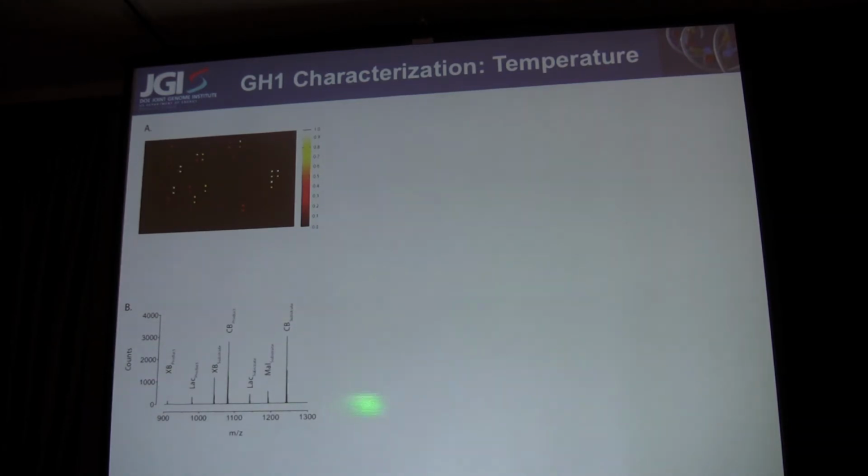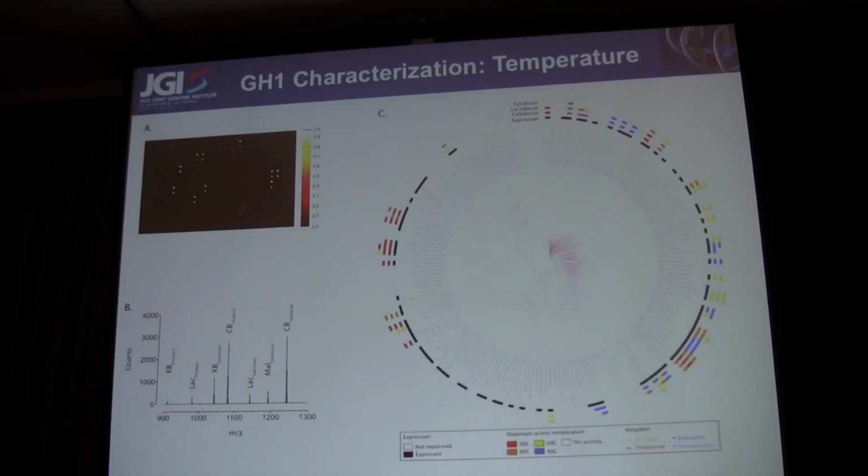Here, for example, you see the substrate and the cellobiose product, indicating there was quite a lot of conversion. On the other hand, we can see maltose. We can see a peak for the substrate, but no peak for the product, suggesting that this enzyme was not active against maltose.